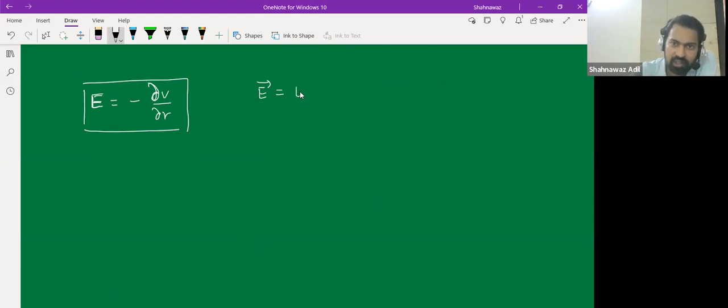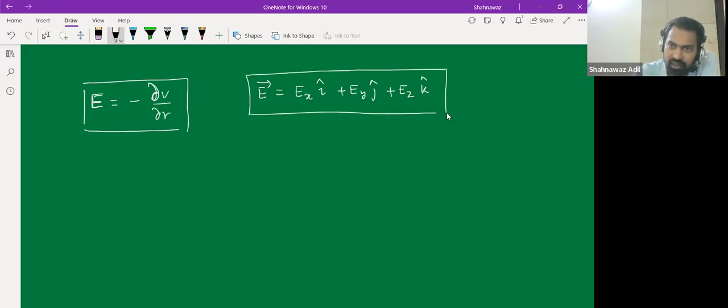So we can write electric field as x component in x direction, then y component in y direction, and then z component in z direction.